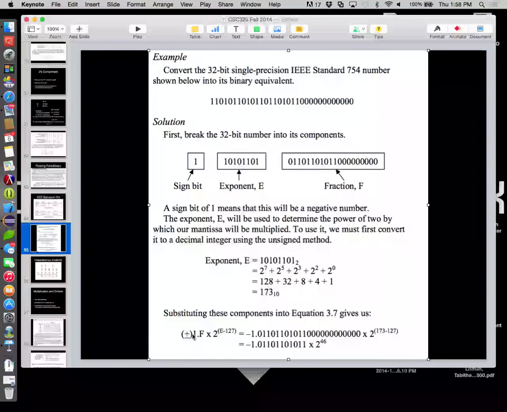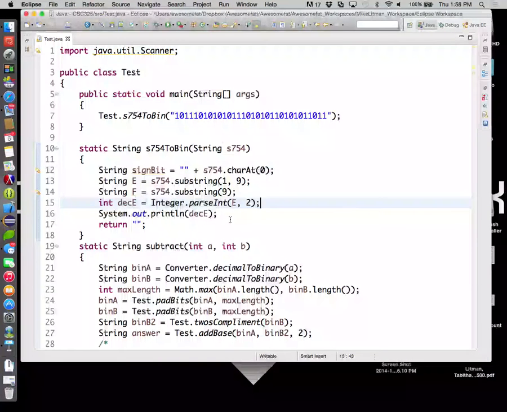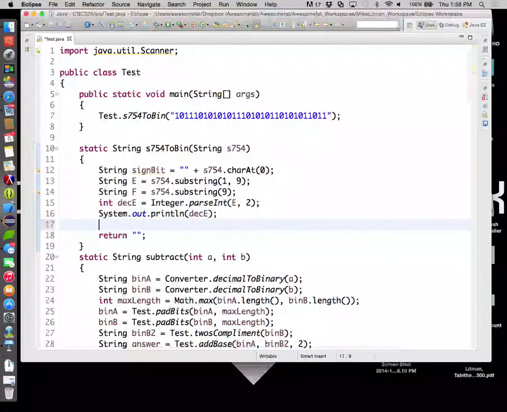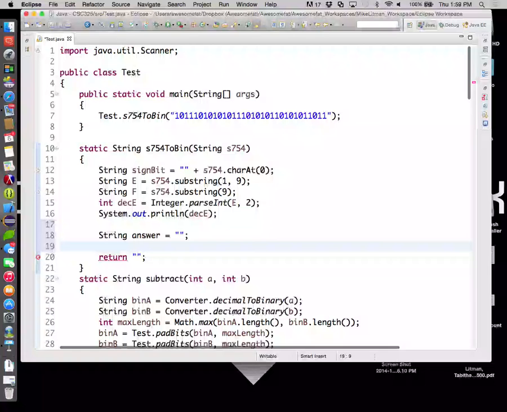So plus or minus, that depends on whether we have a 1 or a 0 in our sign bit. A 1 means negative, a 0 means positive. So what we're going to do is have our string answer, and this will start off as the empty string.